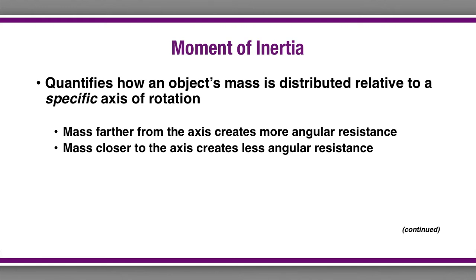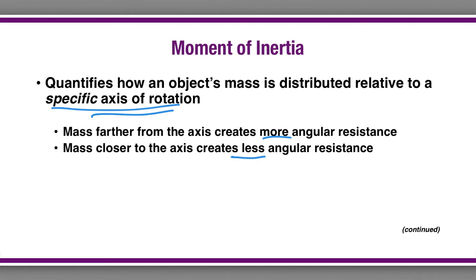Moment of inertia quantifies how an object's mass is distributed relative to a specific axis of rotation. A mass further from the axis creates more angular resistance, while a mass closer to the axis creates less angular resistance.